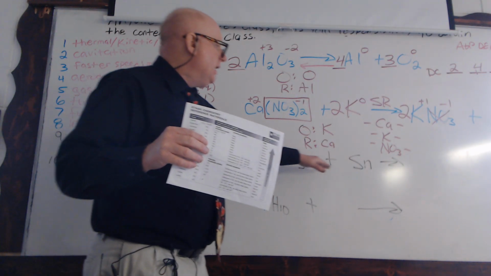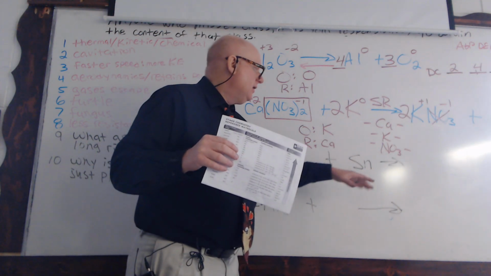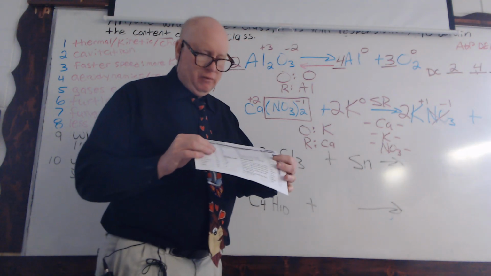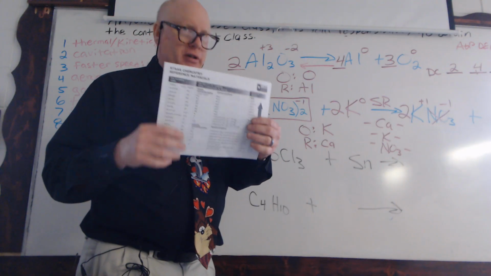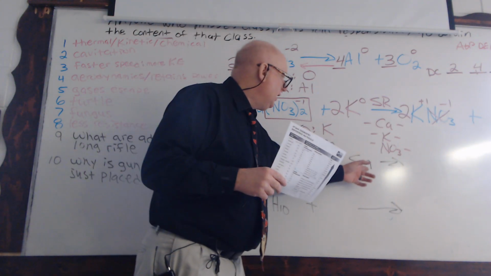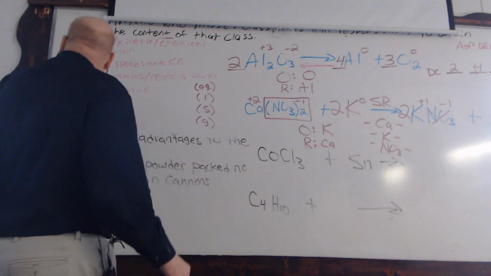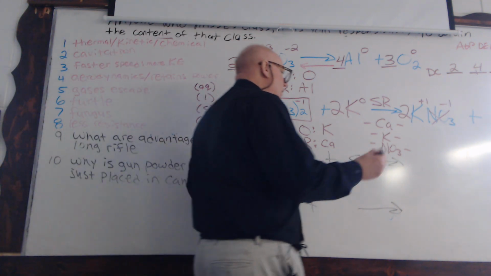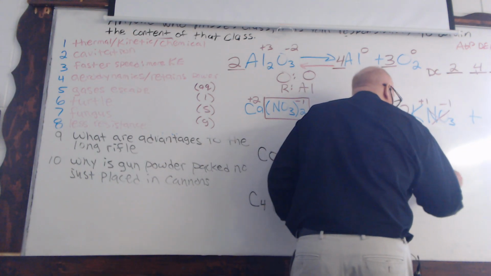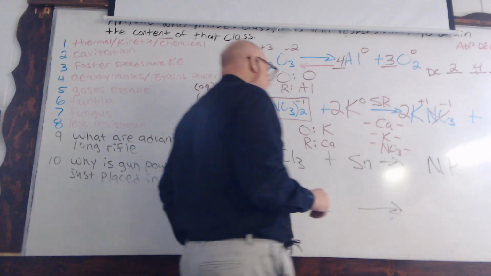We want a reaction to take place with tin. But where is tin in reference to cobalt? It's below this. So this cannot replace the cobalt. So therefore, we would do this on the other side. It's not going to react.